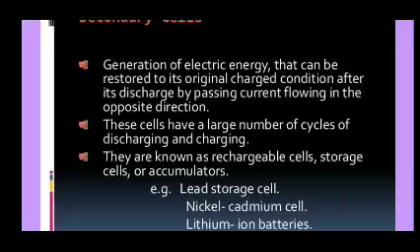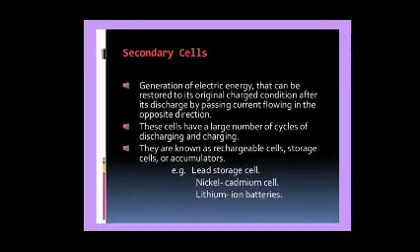For example, lead storage cell, nickel cadmium cell, lithium ion batteries. These are secondary cells.